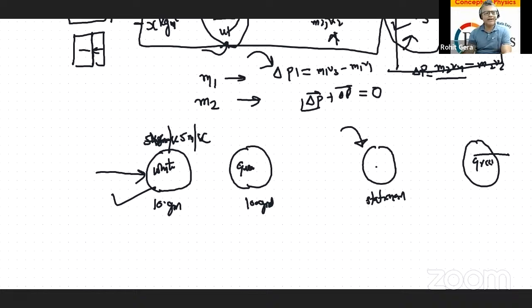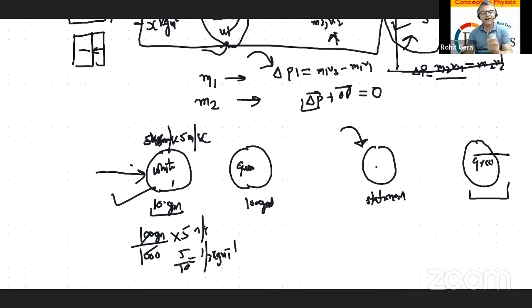So if this momentum was 100 grams divided by 1000 times 5 meter per second, which is 5 by 10, equal to half kilogram meter per second. What is going to be the momentum of this ball now? White has provided complete momentum transfer to the second body. So this also will have a momentum of half.